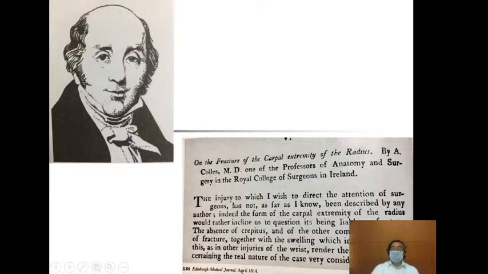See, this is the Edinburgh Medical Journal in which his paper was initially published. If you go through that article, everything about Colles fracture is described there. You cannot take out a single word from it or add to what he has written. So that is his greatness.